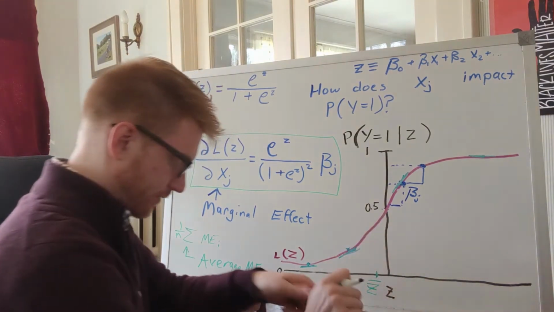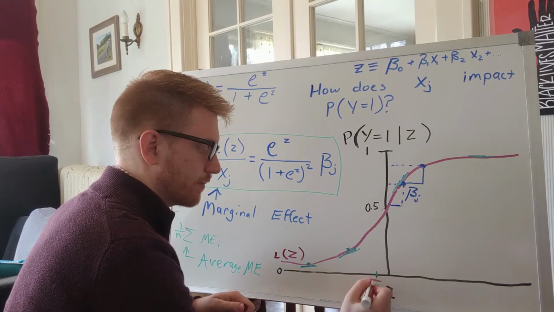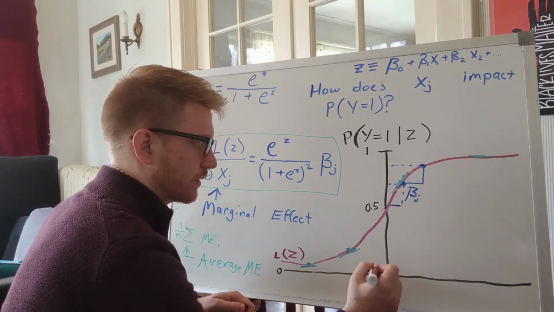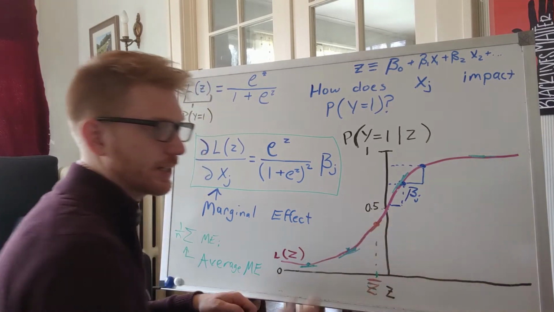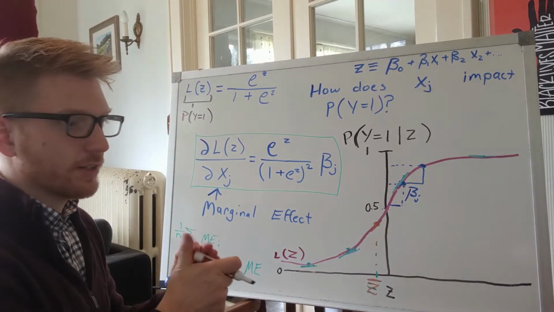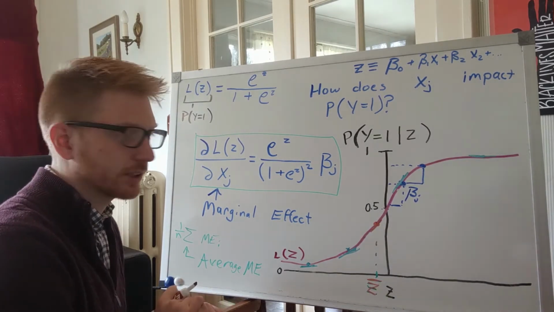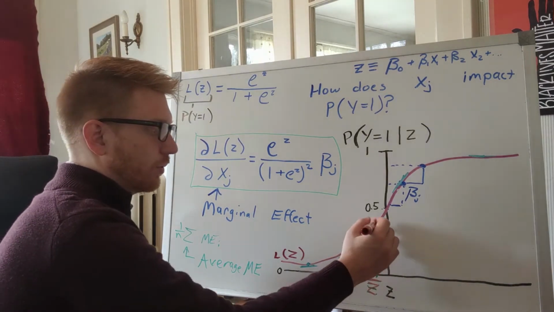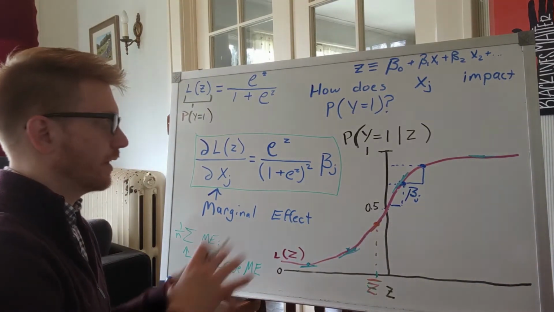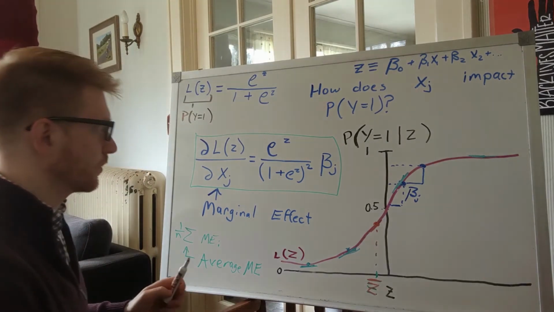And look at, for this z bar, this representative individual that doesn't exist. We're just taking the average of everyone's different characteristics and saying, for that representative made up individual, what would the marginal effect be? That is the marginal effect at the average.